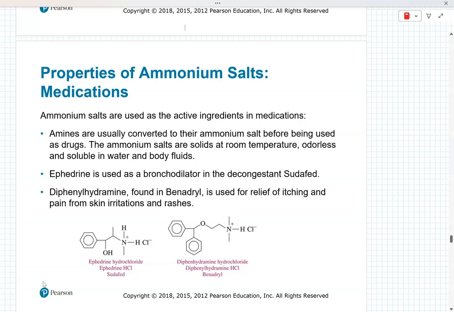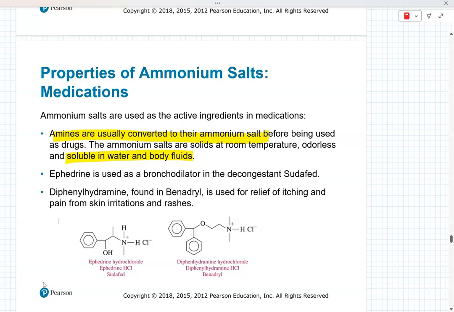It's inconvenient. But if you convert it into the ammonium salt, you end up having a solid compound that is soluble in polar solvents such as water, which comprises most of our bodily fluids. Does that make sense so far?